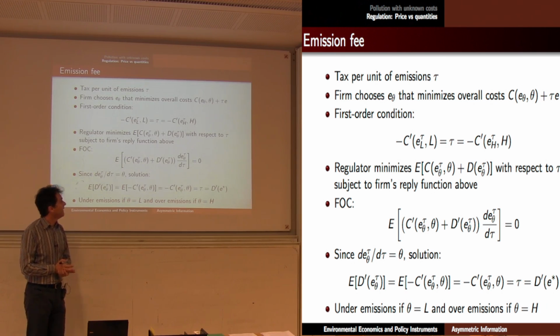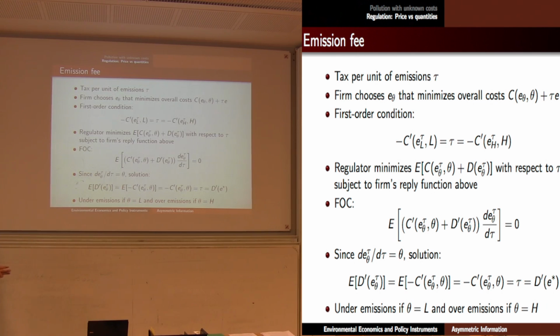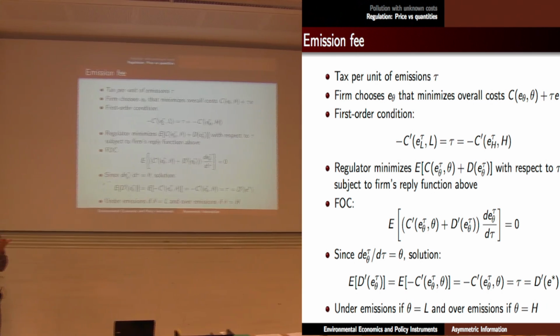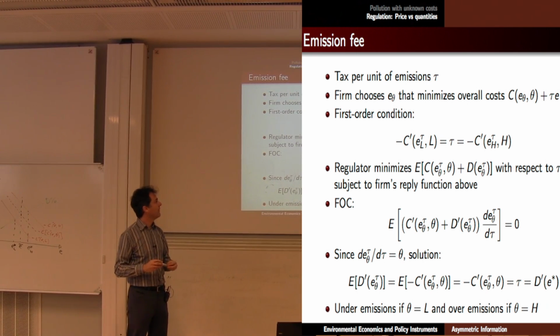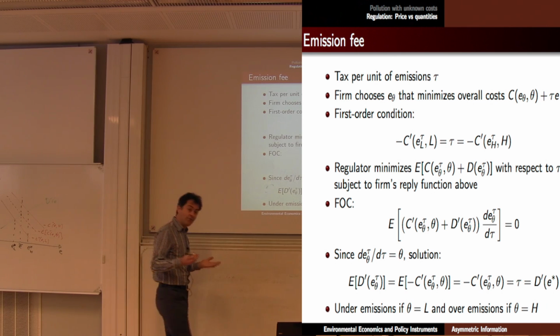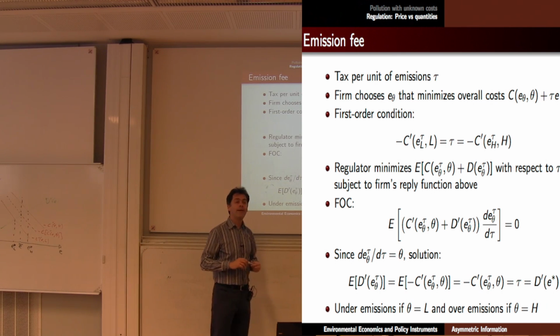And this is regardless of the type, regardless of whether the firm is of high cost or low cost. Of course, the cost will depend on that, but this behavior does not depend on the cost.